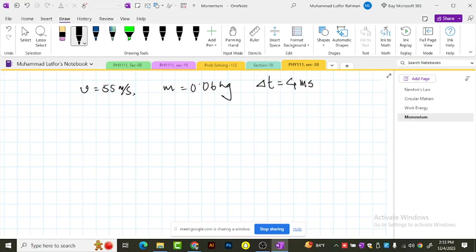Then I am to find what average force the player applies on the ball to serve the ball with a speed of 55 meters per second.